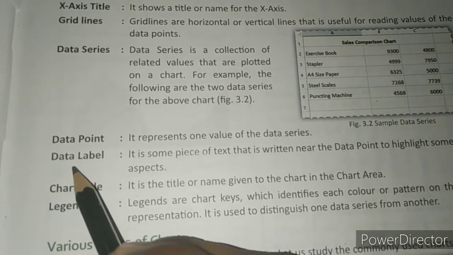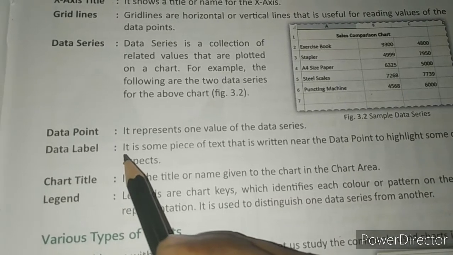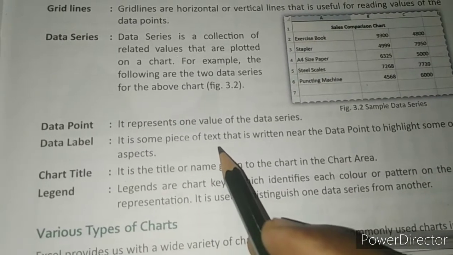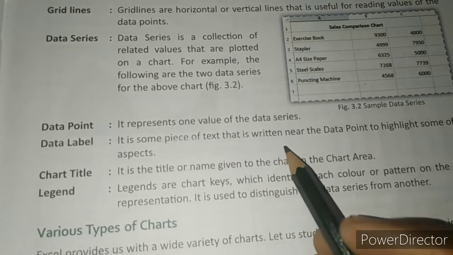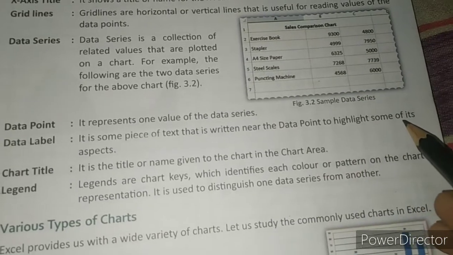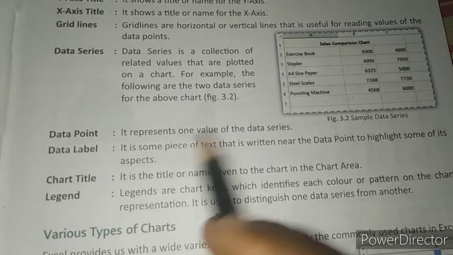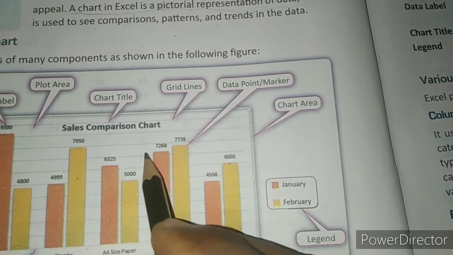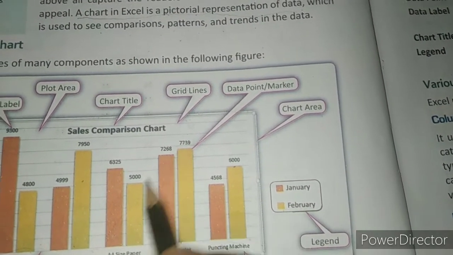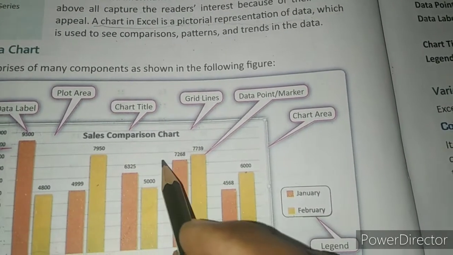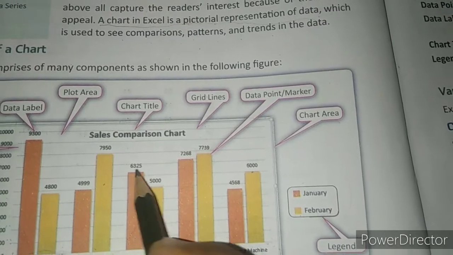Now, data label. It is some piece of text that is written near the data point to highlight some of its aspects. You can say this is a data point, this is a data point, this is a data point. But here something has been written, right?